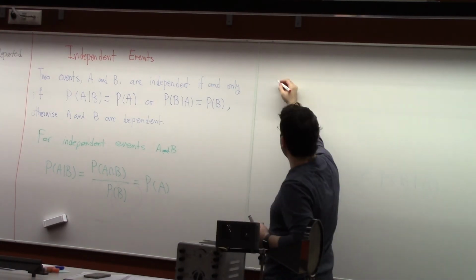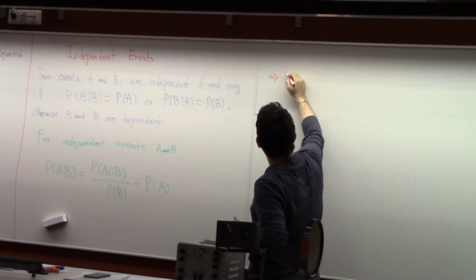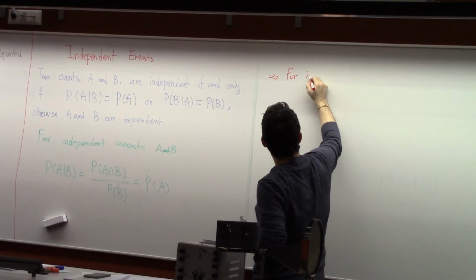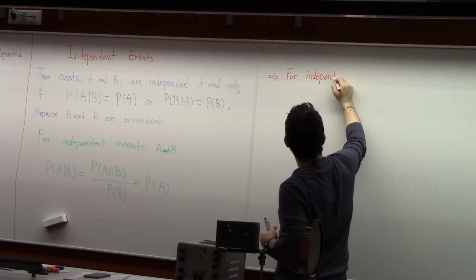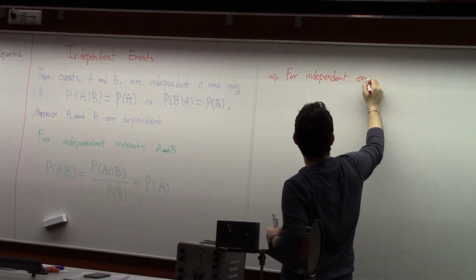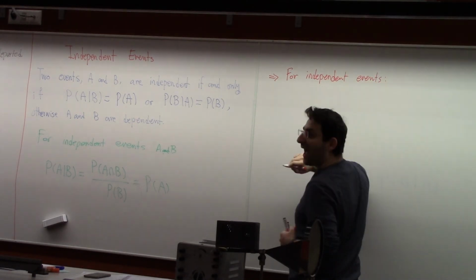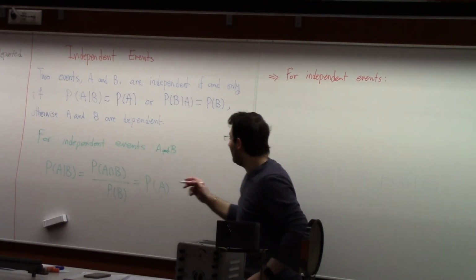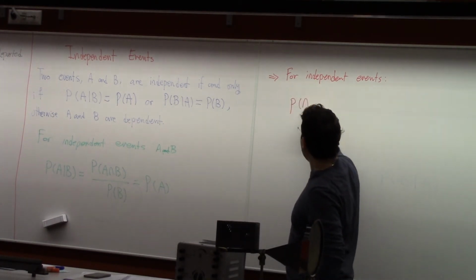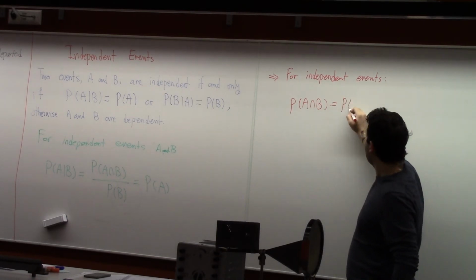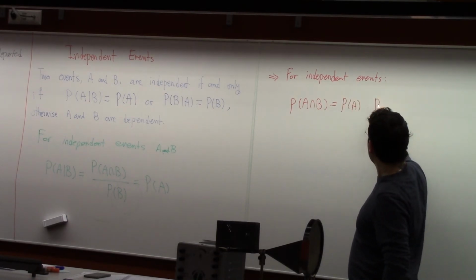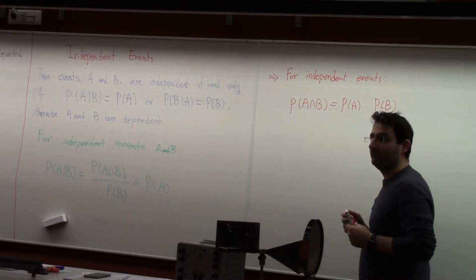So for independent events, look, the probability of A intersected with B is equal to the probability of A multiplied by the probability of B.